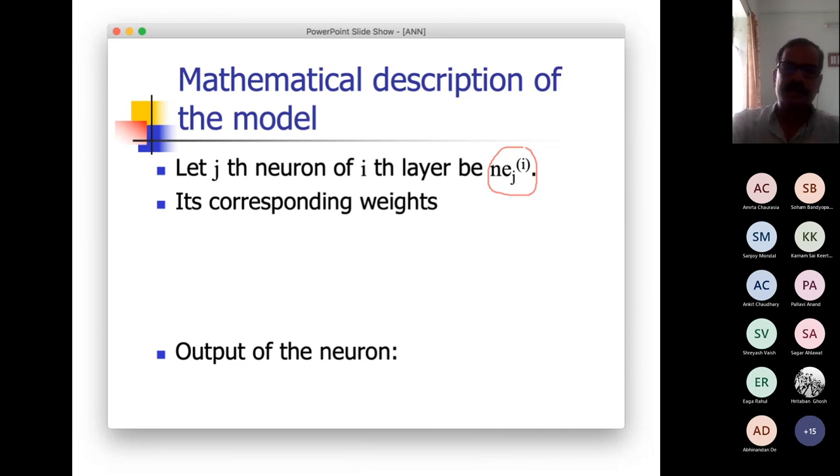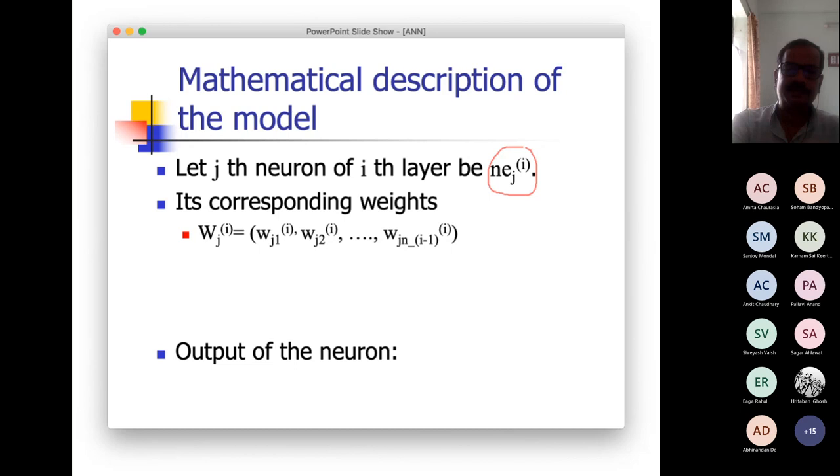Similarly, the corresponding weights, that means the weights of the connectivities: each weight corresponds to an edge, which is defined by the connection from the output of one neuron to the input of another neuron. So we denote it in this form. Okay, so Wji, we denote it in this form.